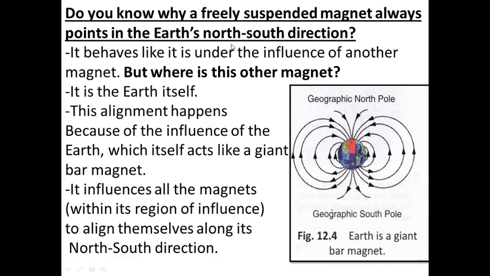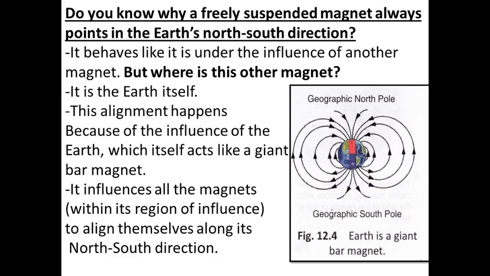Do you know why a freely suspended magnet always points in the earth's north and south direction? It behaves like it is under the influence of another magnet. But which is the other magnet? Yes, your earth is the other magnet. This alignment happens because of the influence of the earth, which itself acts like a giant bar magnet.